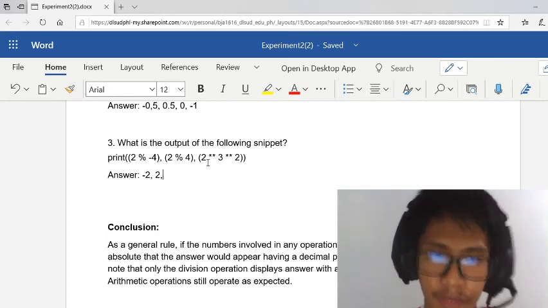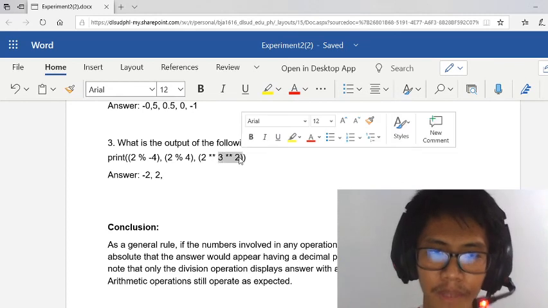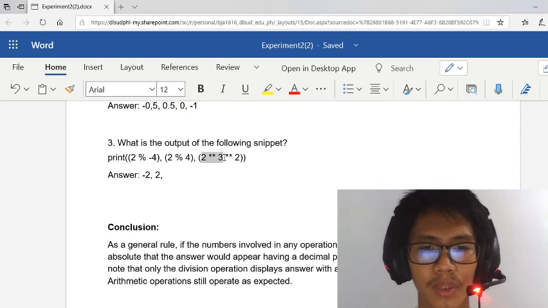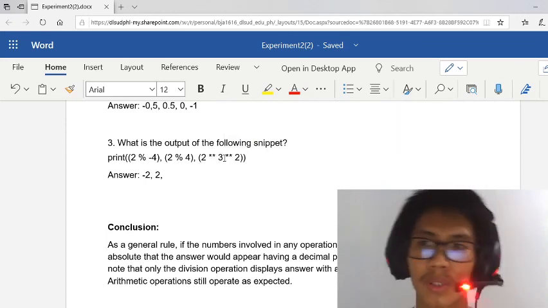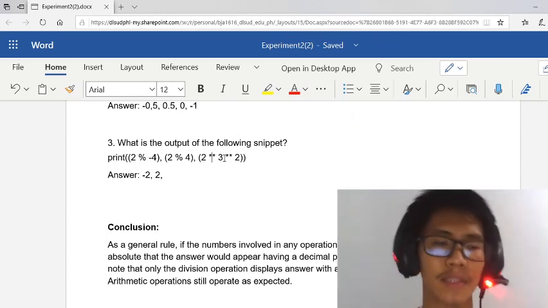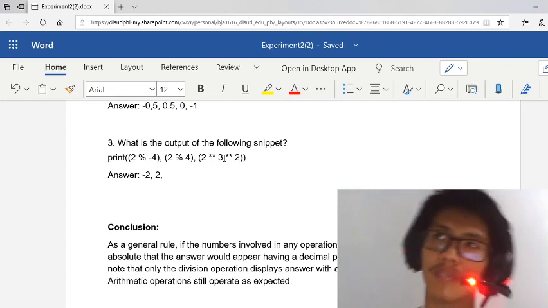We'll first figure out 3 raised to 2, which is 3 squared, 9. Then this would be 2 raised to 9. So 2 raised to 9 is equal to 2 raised to 4 times 2 raised to 4 times 2. 2 raised to 4 is, as we've answered back then, 16. 16 times 16 is 256. 256 times 2 is equal to 512.